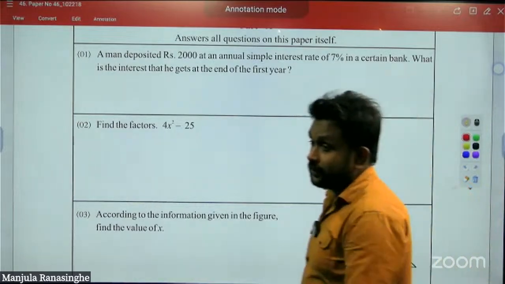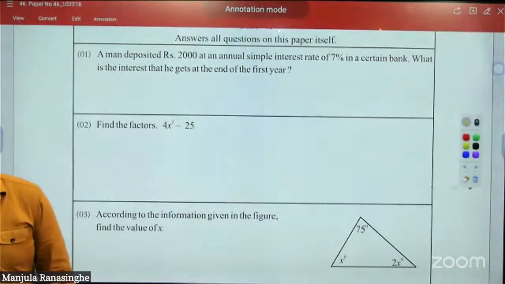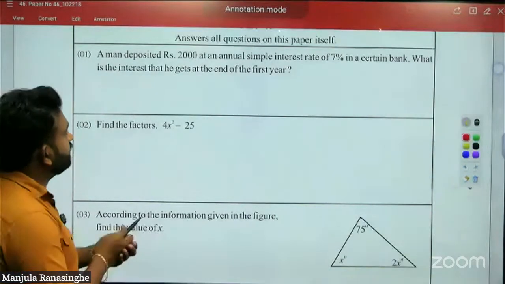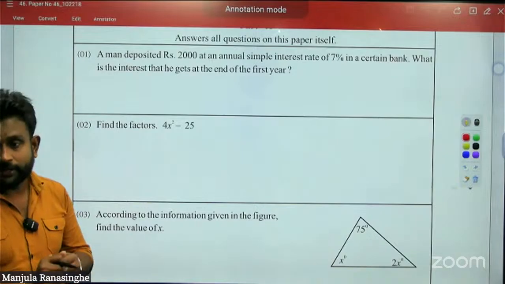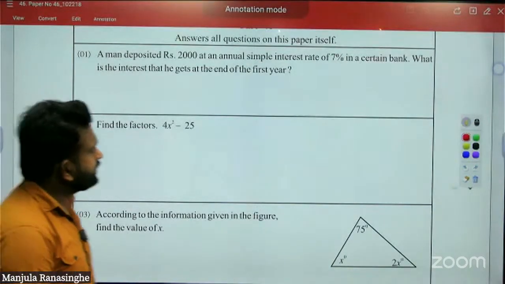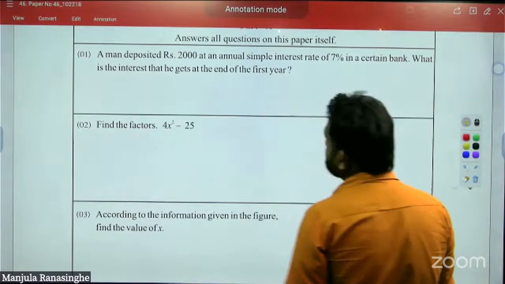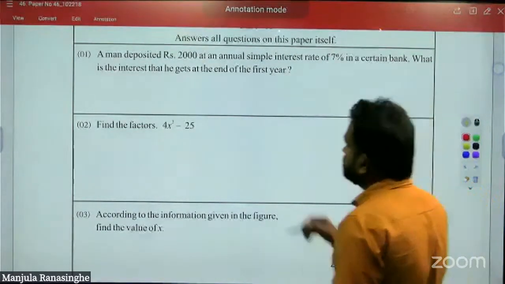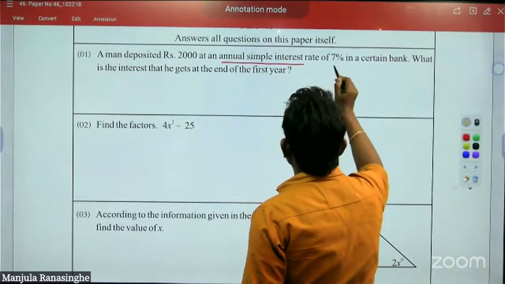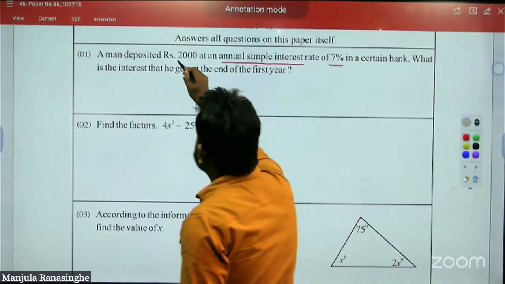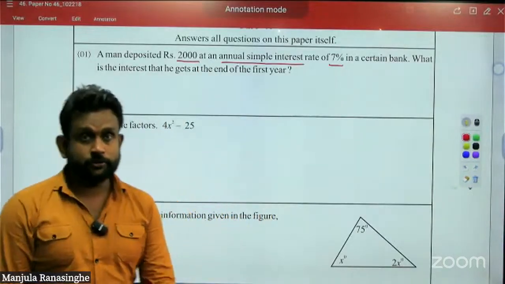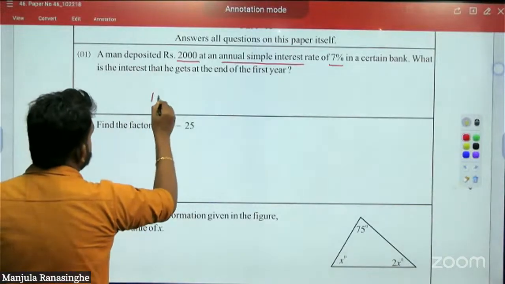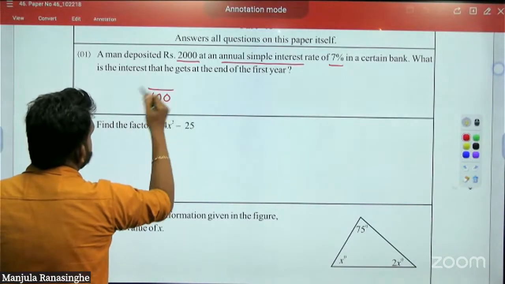Let's see the answers. First one. A man deposited rupees 2000 at an annual simple interest rate of 7% in a certain bank. What is the interest that he gets at the end of the first year? If he deposits 100 rupees, he gets 7 rupees as interest after 1 year.